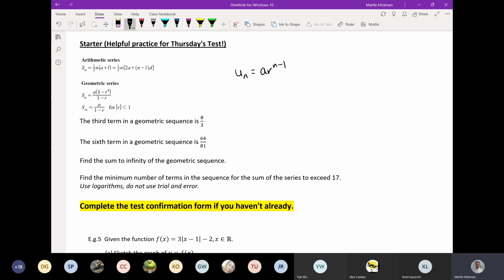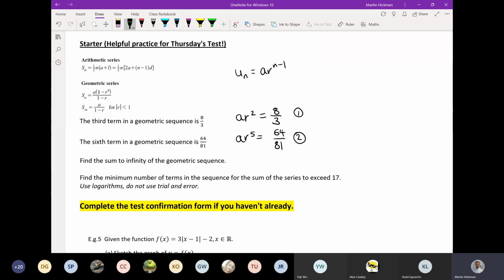So the third term is ar squared, and you're told it is 8/3. ar to the power of 5 would be your sixth term, which is 64/81.